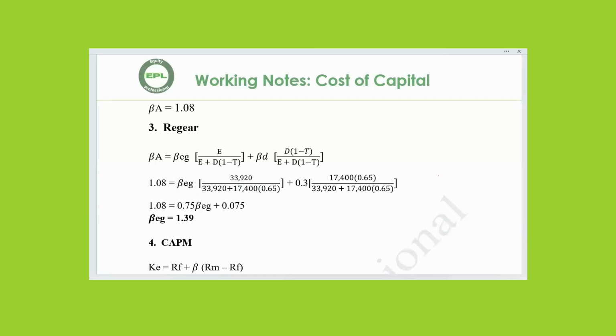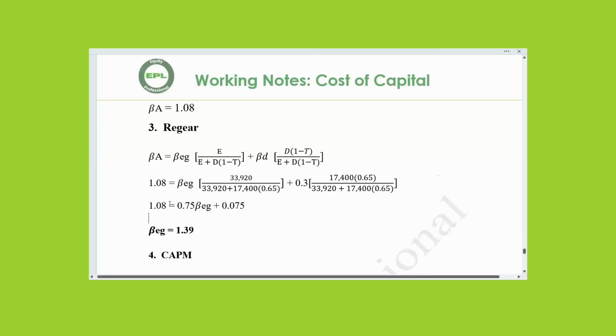0.075. Okay. So all we need to do now is to collect like terms, isn't it?